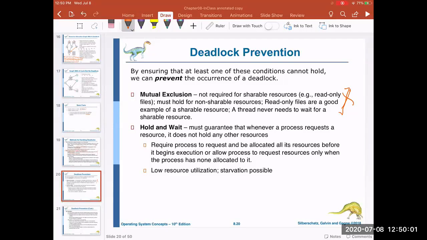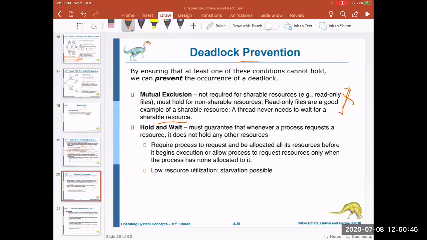So mutual exclusion can never be released or relaxed, because there are certain resources which are inherently or intrinsically non-shareable, just like mutex and semaphore. So for preventing deadlock, we have four conditions, and we can think of relaxing at least one out of them.